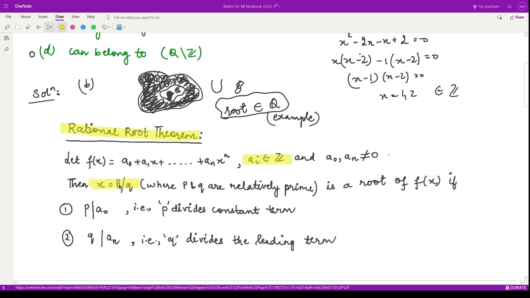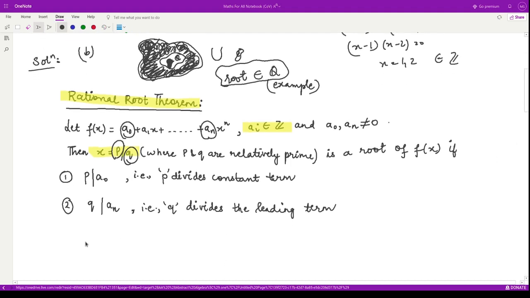What are the conditions? The numerator p should divide the constant term, and the denominator q should divide the leading coefficient. But in our question we are given an to be 1. So p divides a0.